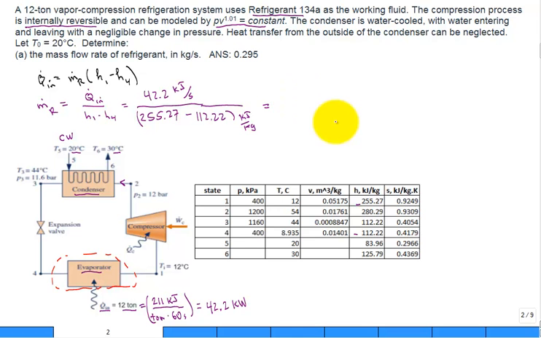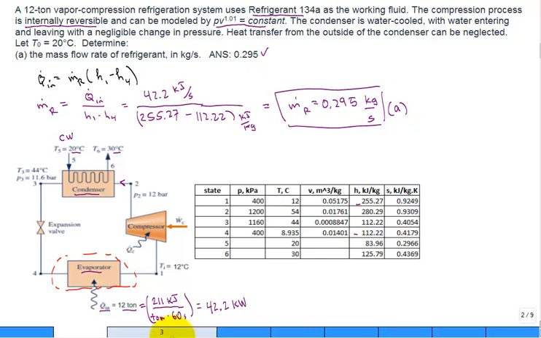And we jump on our calculator, we find the mass flow rate of the refrigerant, 0.2950 kilograms per second. And that's our answer to part A. Okay, so there it is for part A. Let's move on to part B.